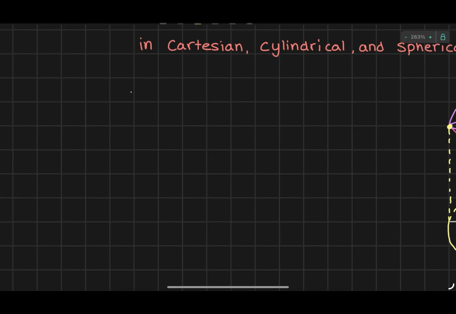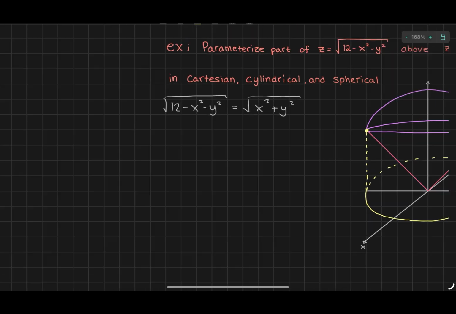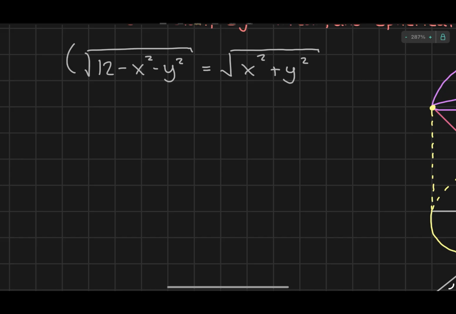So we are going to set the square root of 12 minus x squared minus y squared equal to the square root of x squared plus y squared. Looks good. That's where our z values intersect there. So let's go ahead and square both sides. That's going to turn into 12 minus x squared minus y squared is equal to x squared plus y squared.